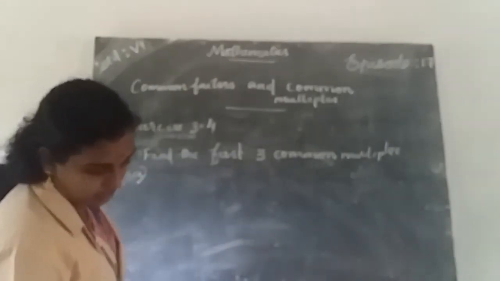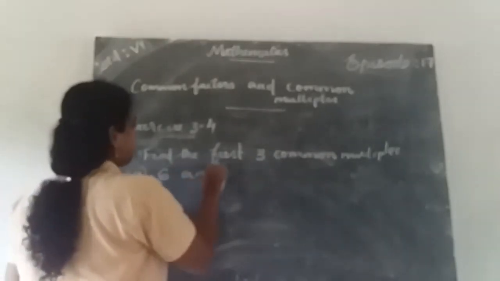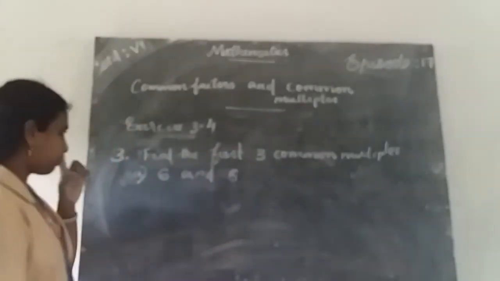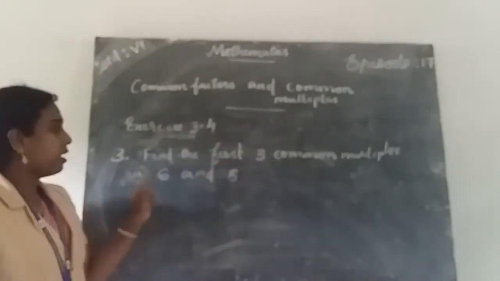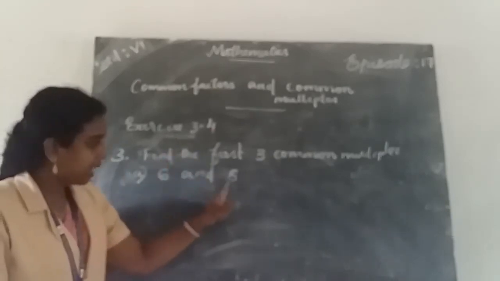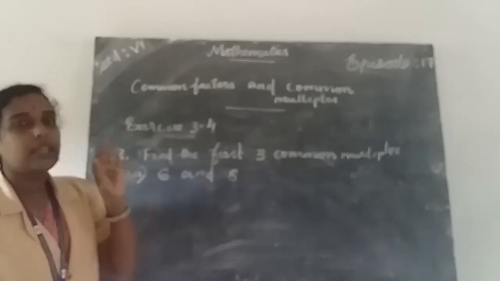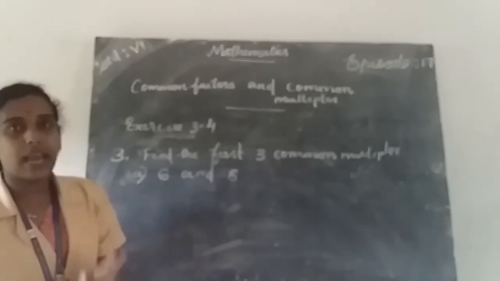And the first question is 6 and 8. It's very simple. So, to find the common multiples, first we write the multiples of 6, then we write the multiples of 8, then find the common multiples from the multiples of 6 and 8.